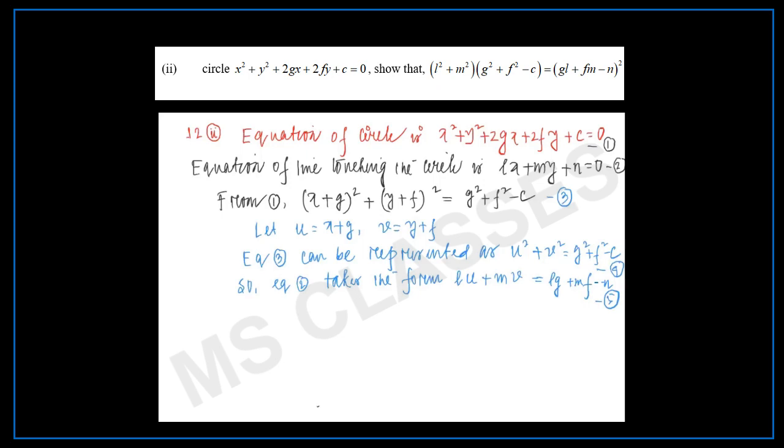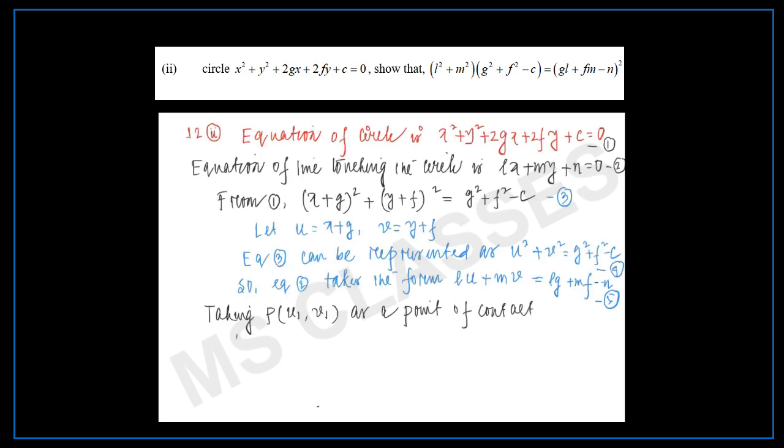Now, this is a very simplified equation. Now we can differentiate this equation. We consider the point of contact P(u1, v1).